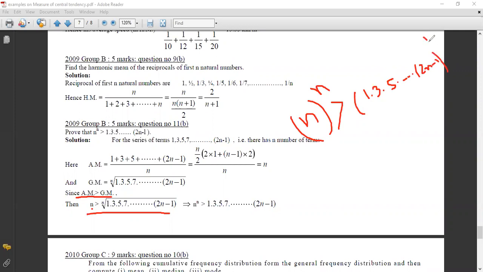Nth root means 1 by n, right? And if we use nth power on both sides, we have n by n. This side nth power apply করেছি, so cancelling n and n, we have this part. Hence proved. Okay.